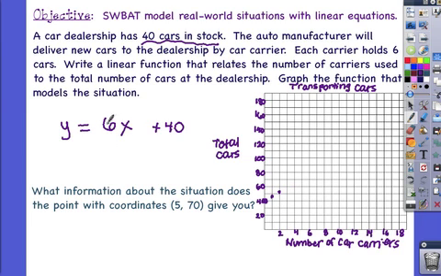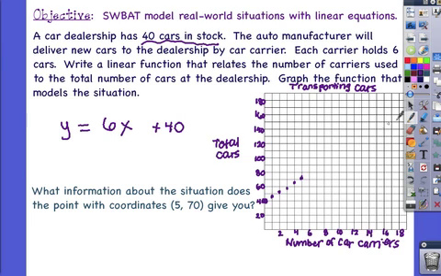3 car carriers, we'd have 6 times 3, which is 18, plus 40, which gives us 58. 4 car carriers, 6 times 4 is 24, plus 40 is 64. 5 car carriers would be 6 times 5, or 30, plus the 40 gives us 70.